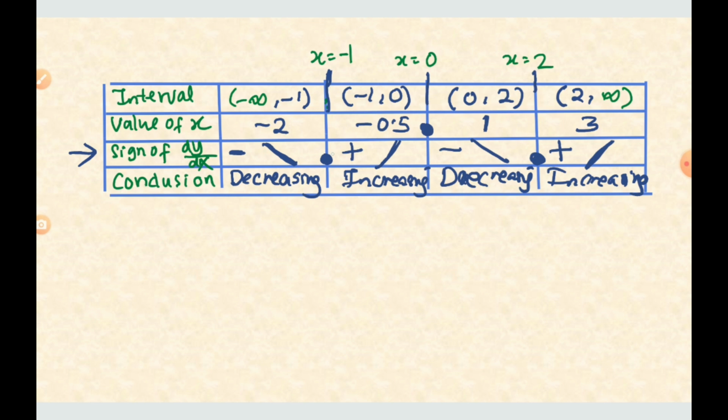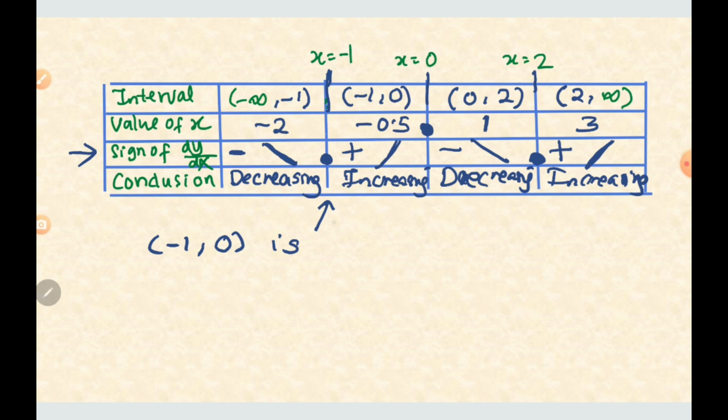From the table we can make a conclusion. The conclusion is this point here, that is x equals negative 1 and y is 0, is the minimum point. Okay, and also we have another minimum point here, the point x equals 2 and y equals negative 27.